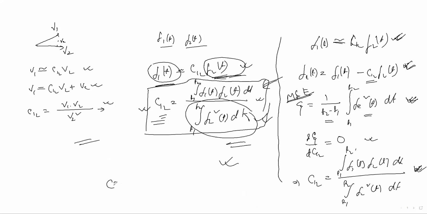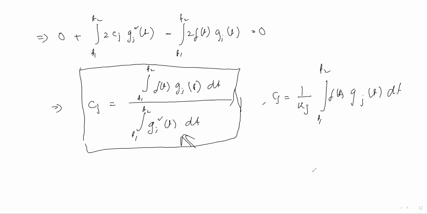If two functions are given, f1(t) approximated by c12 times f2(t), then c12 is given by the integration from t1 to t2 of f1(t) f2(t) dt.